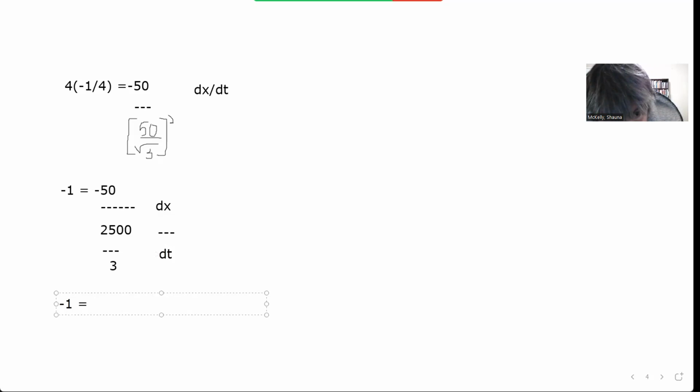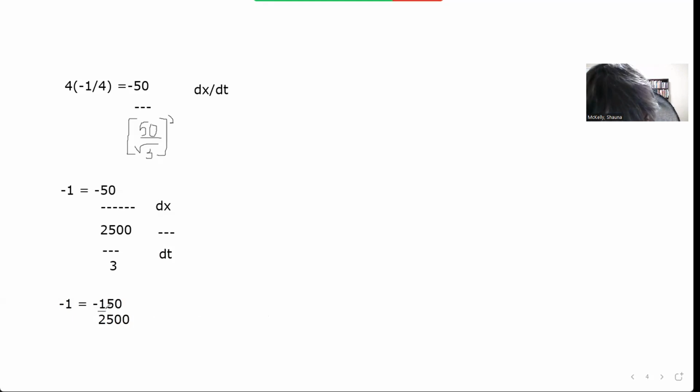So negative 50 times 3, this is negative 150 over 2,500 dx dt.